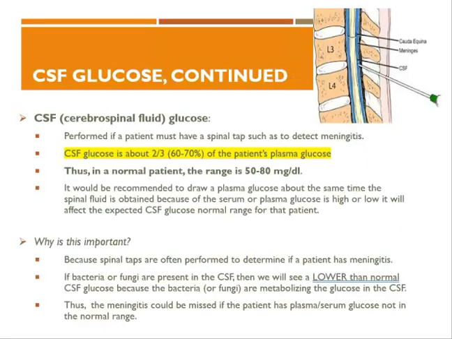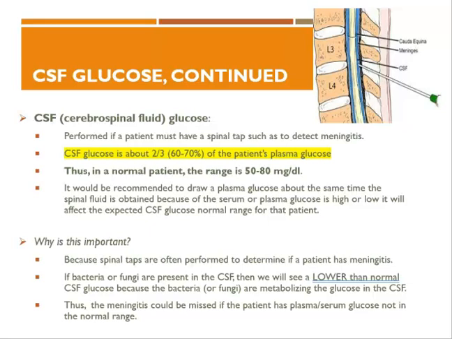For the CSF glucose, it's done a lot of times when a patient has had a spinal tap to detect meningitis. The CSF glucose is about 2/3, or 60 to 70%, of the patient's plasma glucose. So that's something important to remember and make note of.